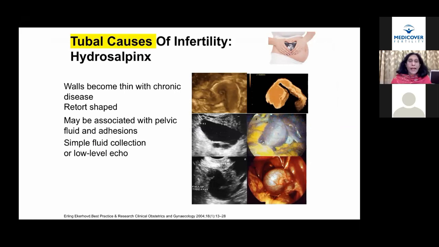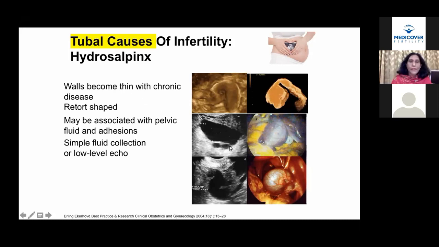Tubes, as I've said, are very important, but a normal tube is not visible. We cannot see a normal tube on a normal ultrasound. What happens if there is a problem like hydrosalpinx, that means the tubes have a fluid collection inside, then we can see them.